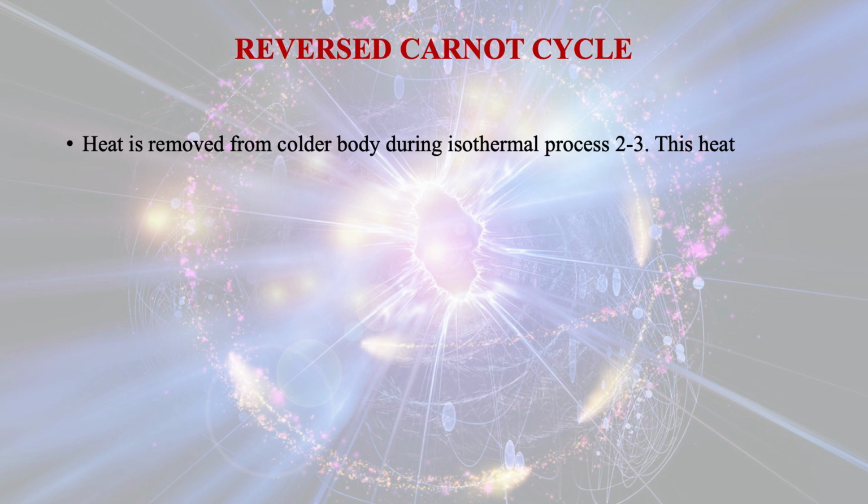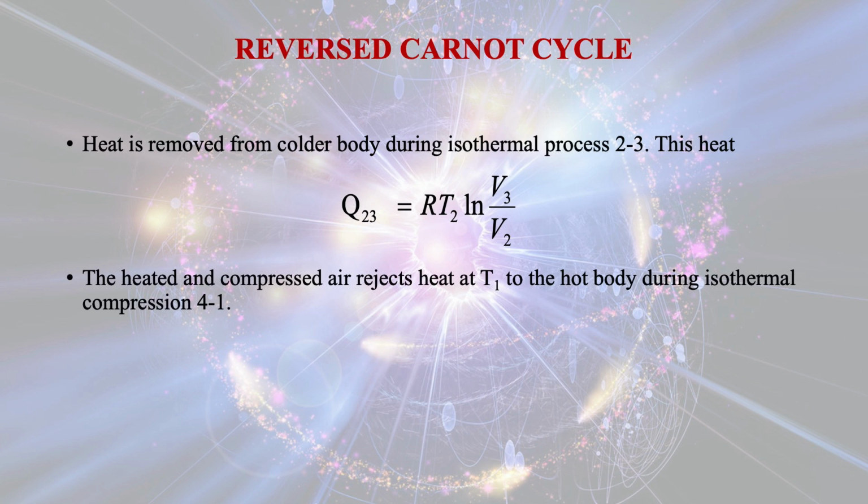Heat removed from the colder body during the isothermal process, that is 2 to 3, Q23, is equal to RT2 ln V1 by V2. The heated and compressed air rejects heat at T1 to the hot body during isothermal compression from state 4 to state 1.